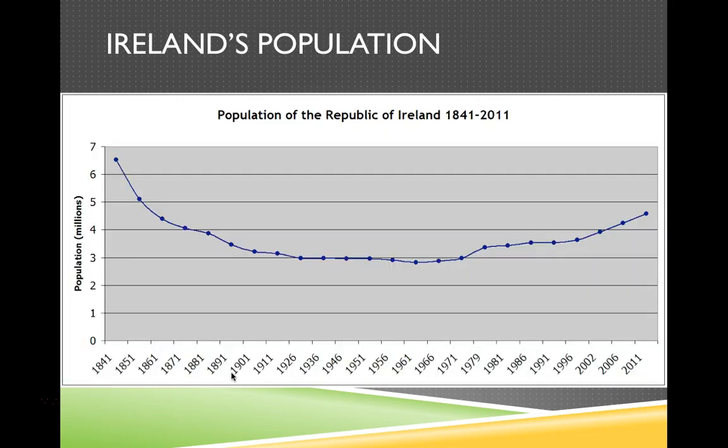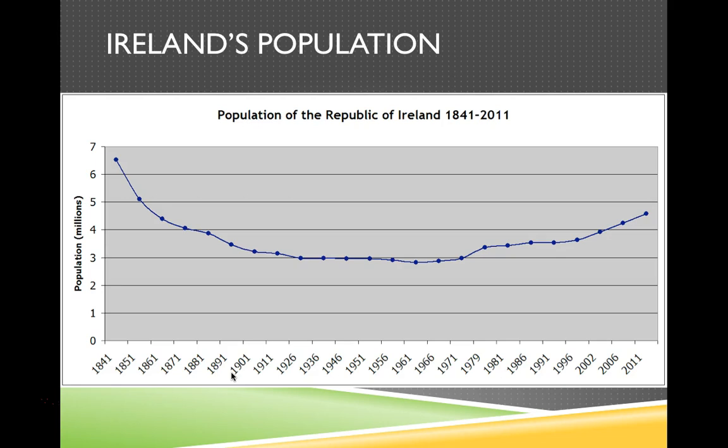This is a map that gives an idea of the population decline between 1841 and 2011. We can see that by 1841, which is just a few years before the famine occurs, on this particular graph, we have about 6.5 million individuals.